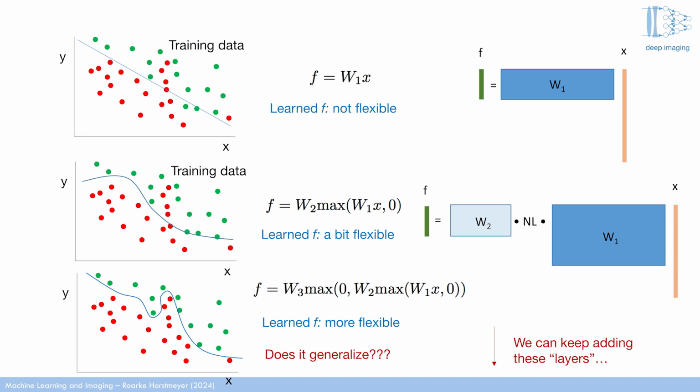Then we'll take that and multiply it by a next matrix W2. The output of that will again have a nonlinear threshold: we take the max of that versus 0, so if the value is less than 0, we set it to 0, and if it's greater than 0, we just keep it. So it's a very simple nonlinearity. A large portion of the output is linear if it's above 0, and if it's not, it's just set to 0. And then we'll multiply it by a third matrix.